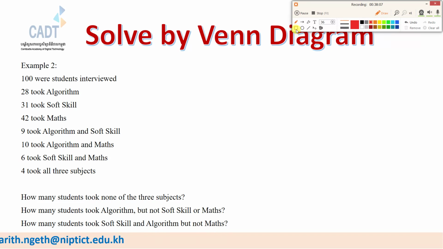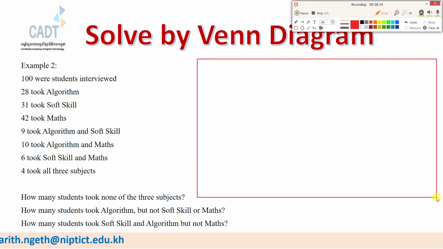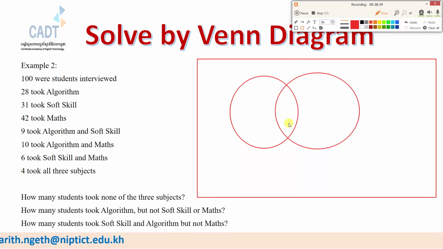So I just draw the universal set, this one, and I draw about the A. For example, this is only this one, and only this one. And only this one. This is only an example.